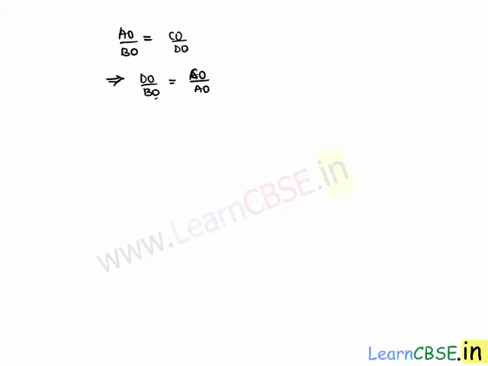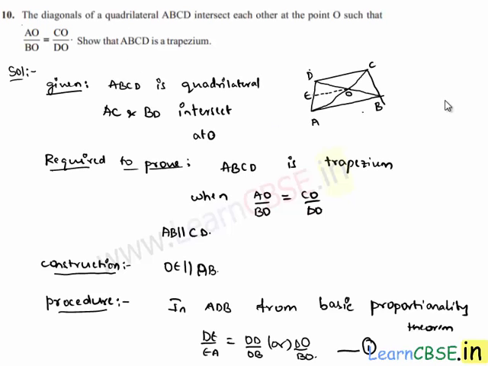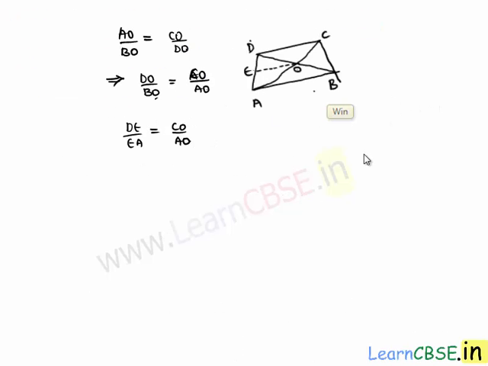Then equation 1 becomes DE by EA is equal to CO by AO. If we observe the figure clearly, the line segment EO is dividing DA in the proportion DE by EA, which is equal to CO by AO.